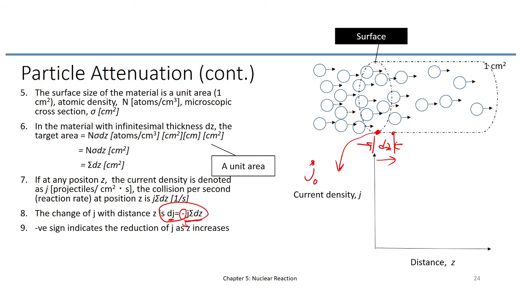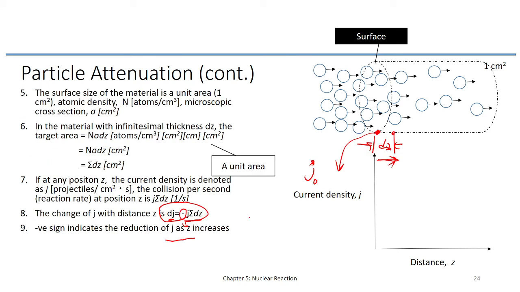Why do we put minus? Minus indicates the reduction of the current density as we go further into the cylinder. This is similar to the law of radioactive decay.